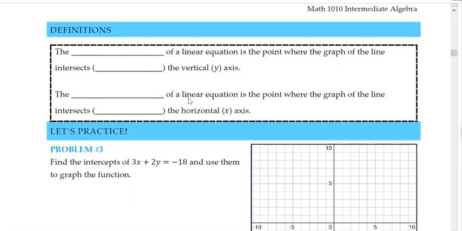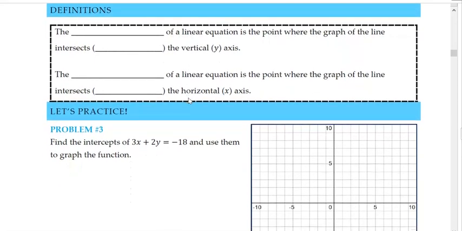Okay, let's keep going on, talking a little bit more about some definitions here. And I talked a little bit about these above, but let's go ahead and define it in this way as well. So the y-intercept, all right, like I said, that's an important part of a graph.